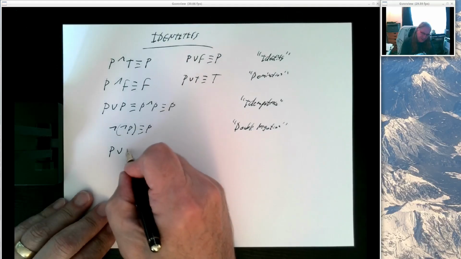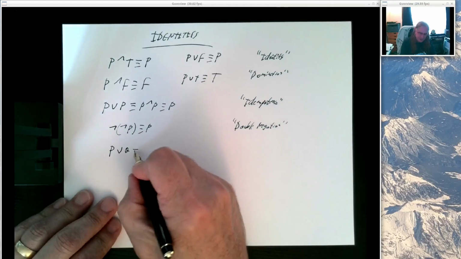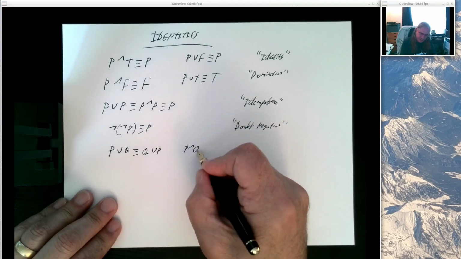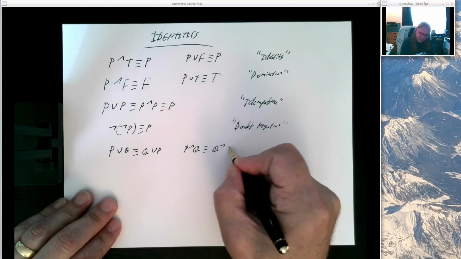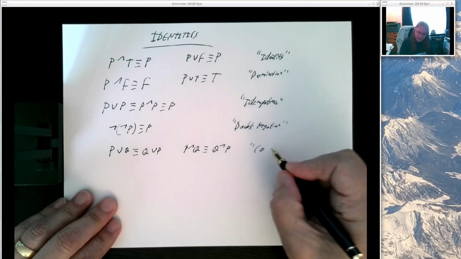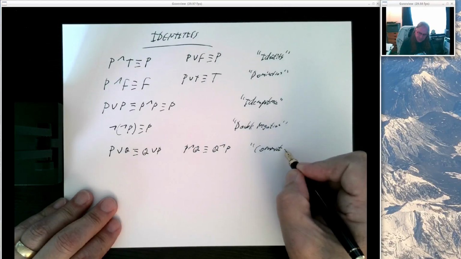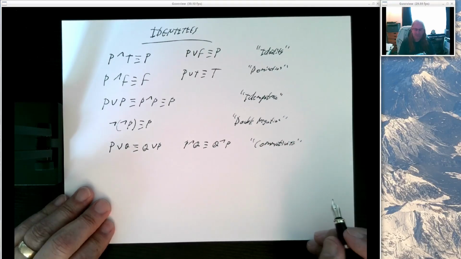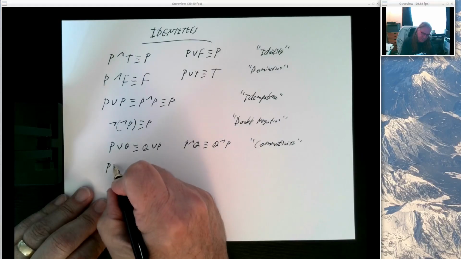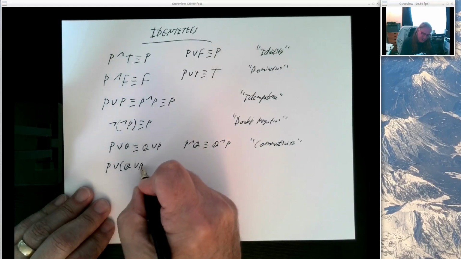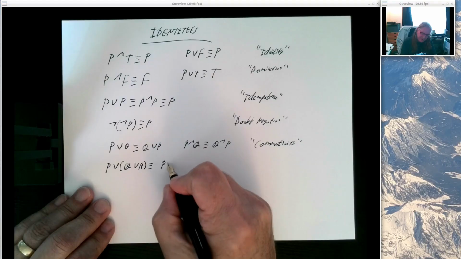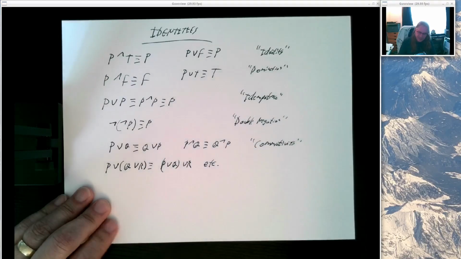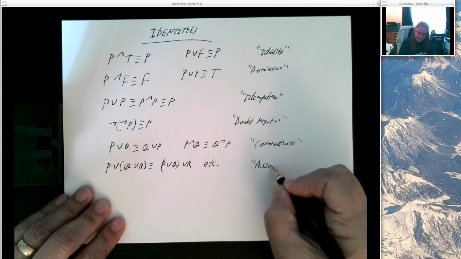And we've got all the usual: P or Q is logically equivalent to Q or P. P and Q is logically equivalent to Q and P. That's commutativity. P or Q or R is logically equivalent to P or Q, ORed with R. And the same for ANDs, that's associativity.